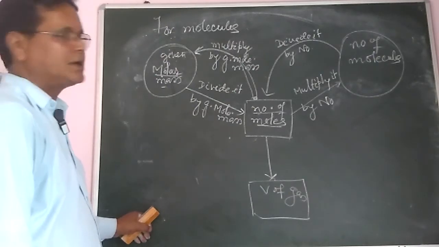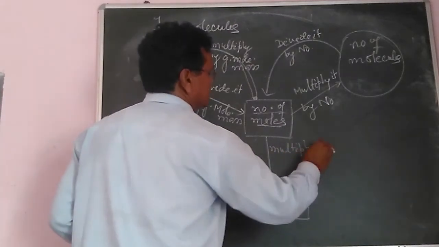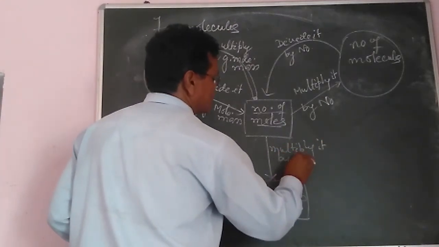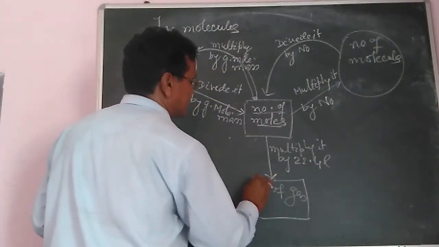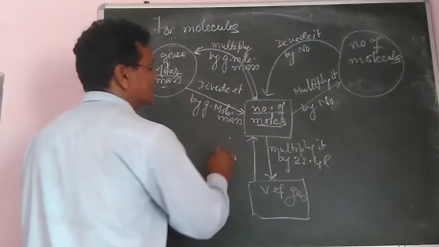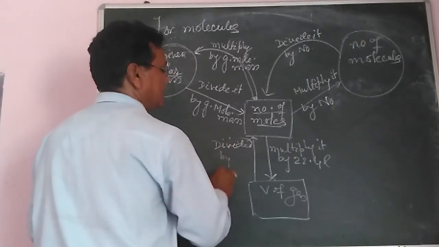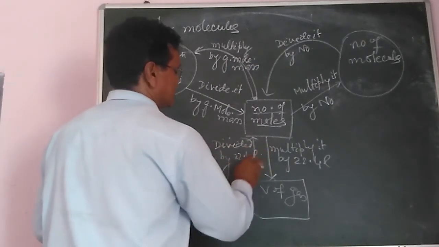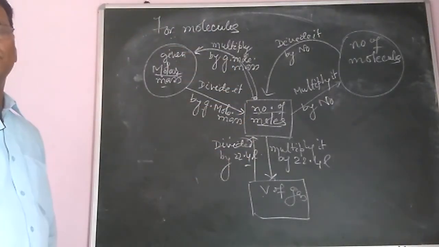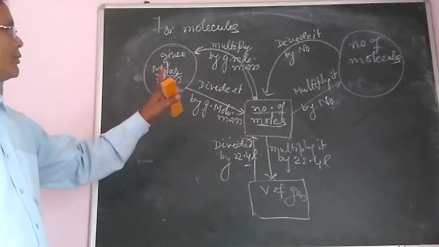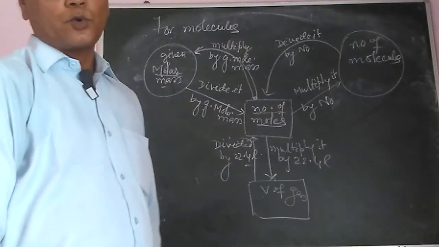You multiply it by 22.4 liters. And if your volume is given, you find the number of moles by dividing it by 22.4 liters. So this is the chart, or clues, through which you can solve all types of problems.